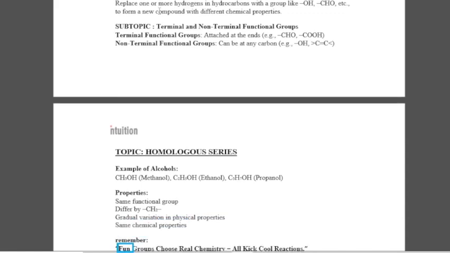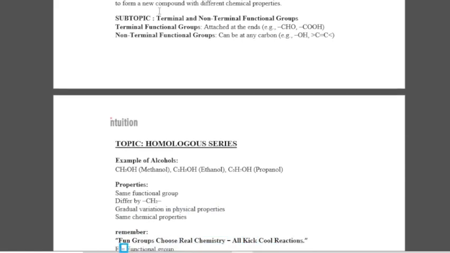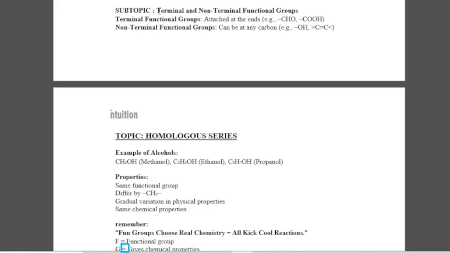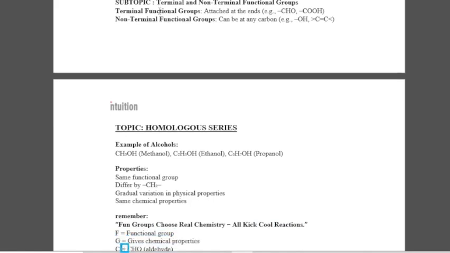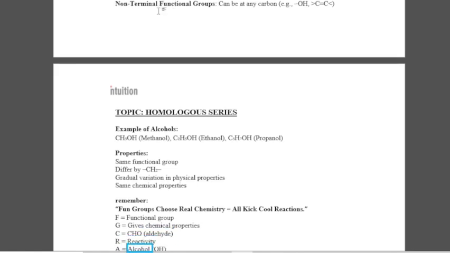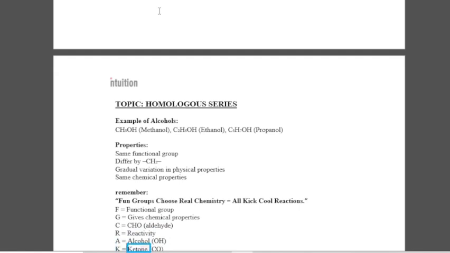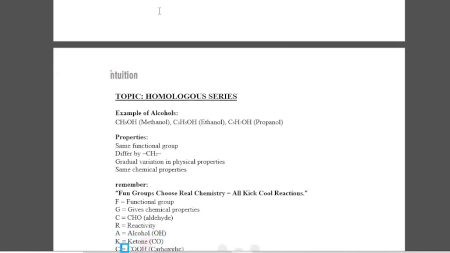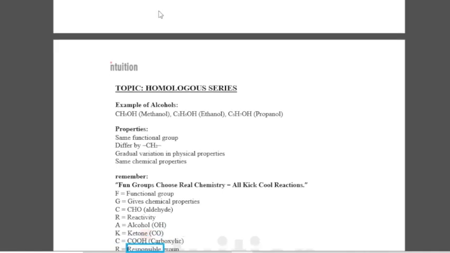Remember: fun groups choose real chemistry, all K-cool reactions. F is functional group, G gives chemical properties, C is CHO aldehyde, R is reactivity, A is alcohol OH, K is ketone CO, C is COOH carboxylic, R is responsible group.